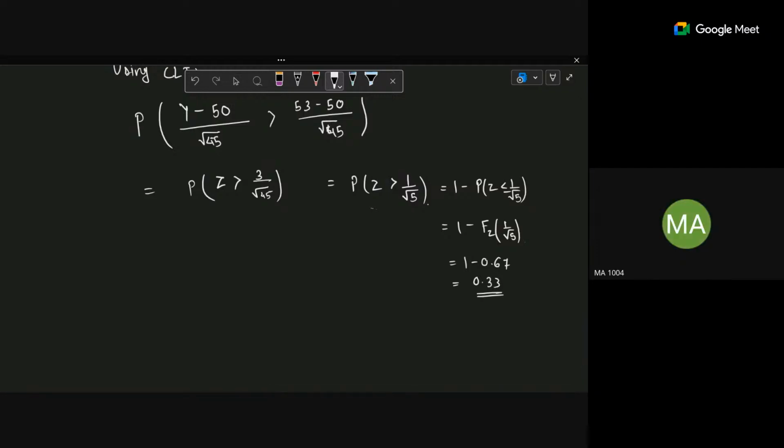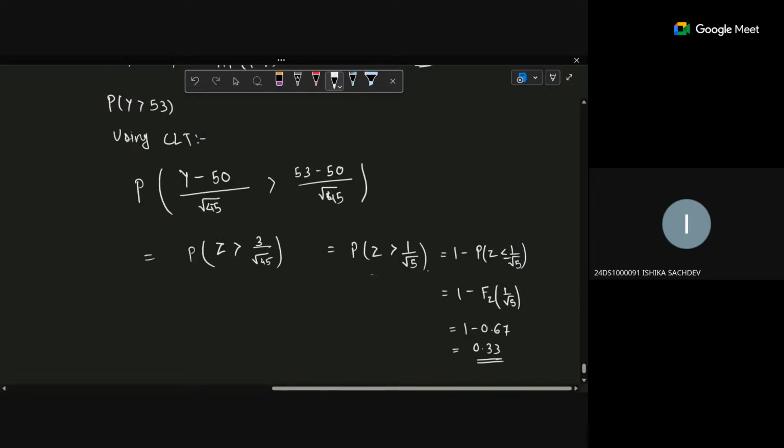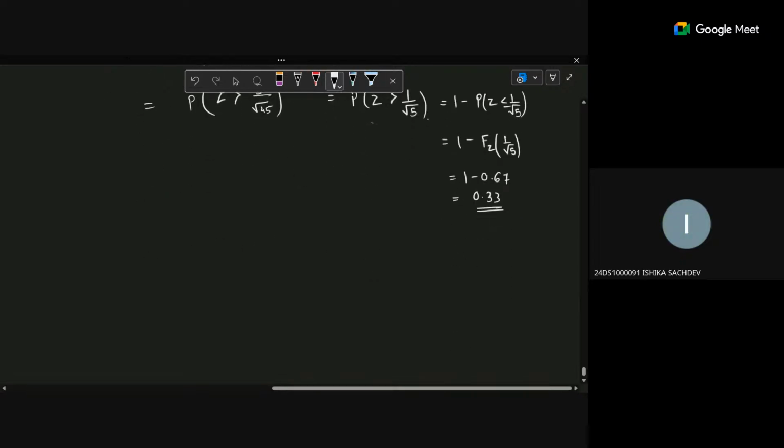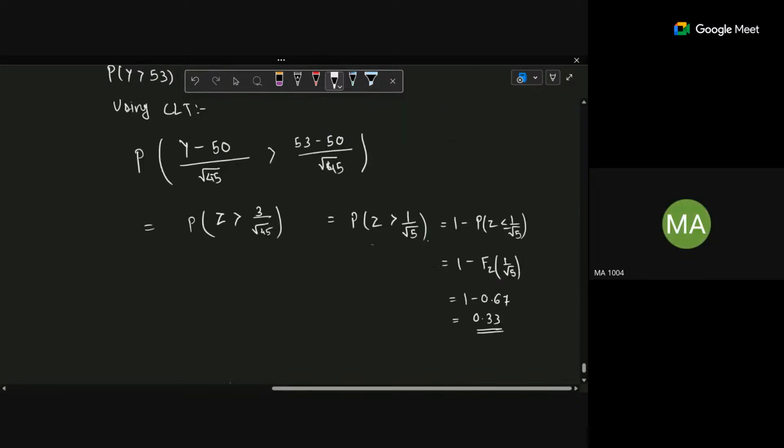Ma'am, why didn't we use the formula Y minus n mu by root n sigma? The formula for CLT.